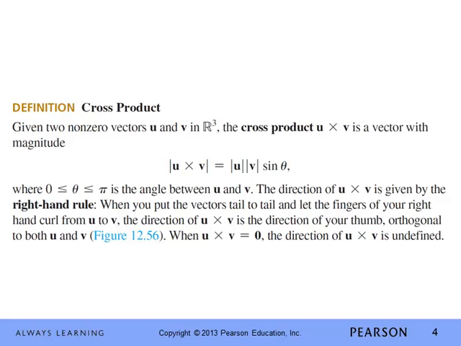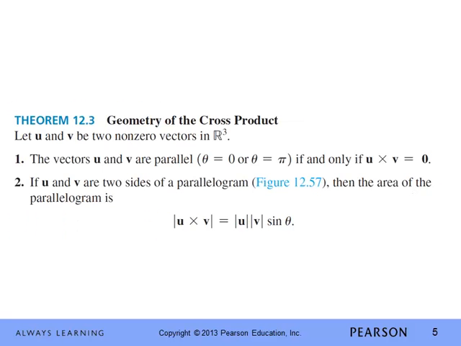Sine of 0 is 0, so the cross product will really produce nothing if theta is 0 or pi. Sine pi is 0. However, if theta is pi over 2, then you'll get the full value of the cross product if the two vectors are perpendicular to each other.